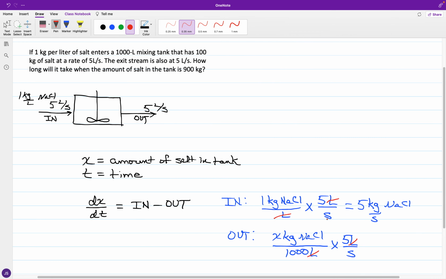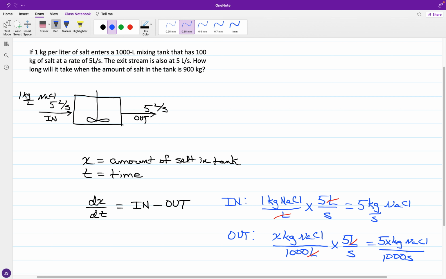So for what we have exiting, we have 5x kilograms of salt over 1,000, with the unit cancellation between the liters in the numerator and denominator.